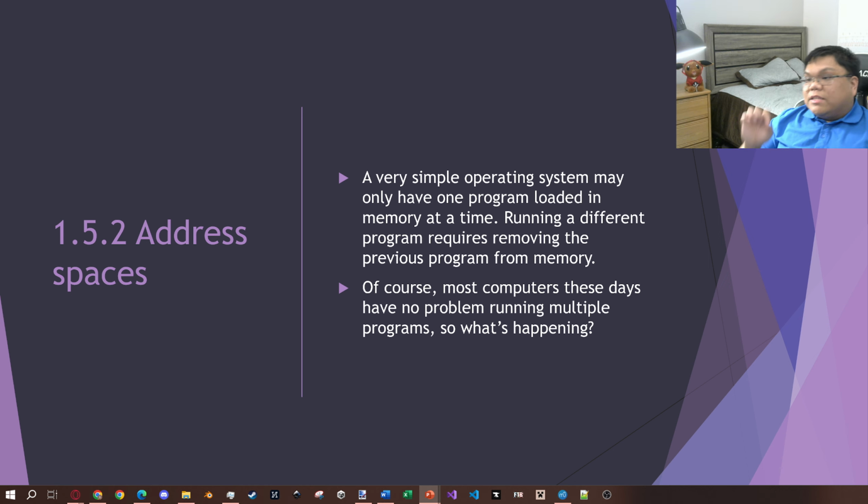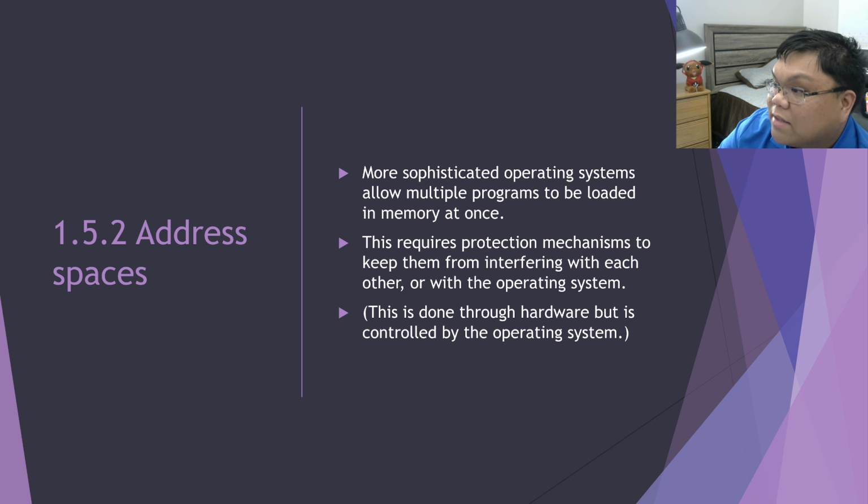A very simple operating system may only have one program loaded in memory at a time, and running a different program will require removing the previous program from memory and then loading the new program into memory. Of course, that's not what's happening on most computers. Instead, multiple programs are loaded into the computer at the same time.